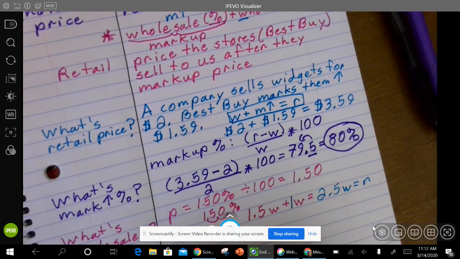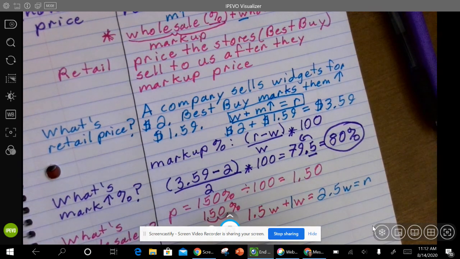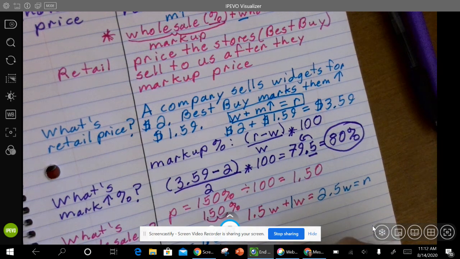Let's say, everybody, that we're selling a teddy bear. I love bears, so we got teddy bears. So we have a wholesale price of $23. So we're going to substitute that back into this equation. So I'm going to go $1.50, I'm going to put in that 23 for the wholesale plus the 23.